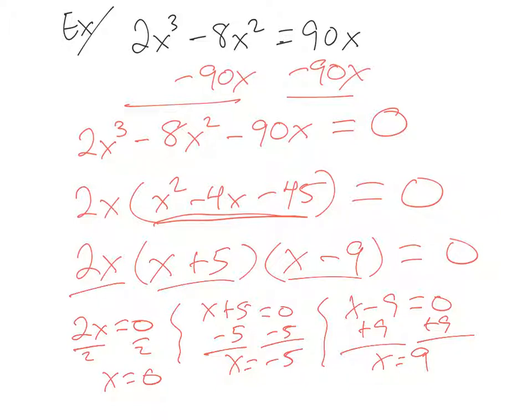And then we write that in what notation? Set notation. We write our little set and put the numbers in order. Negative 5, comma 0, comma 9. All right, questions.